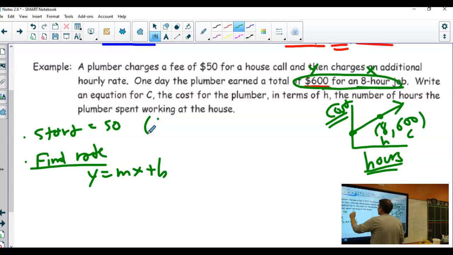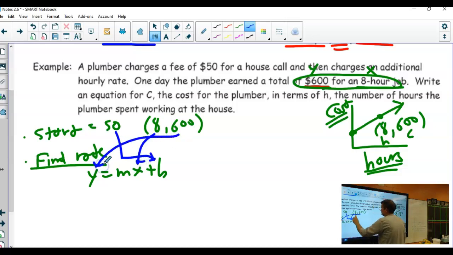I know the point, 8 hours, $600. So I can use those three numbers. I can use those three numbers and I can solve for m. All right, this is my x, this is my y, this is my b. The starting amount, your y-intercept.